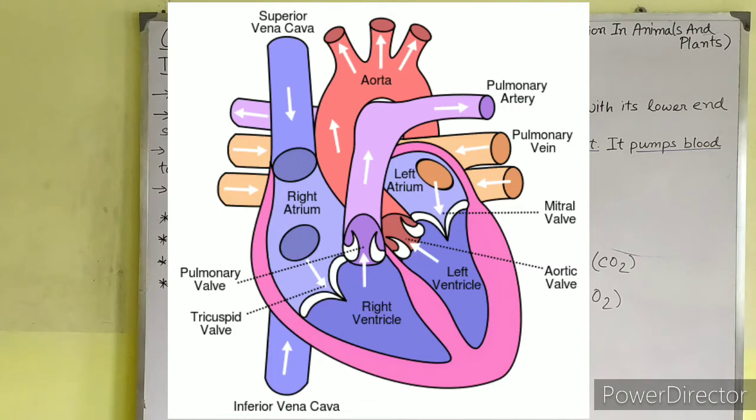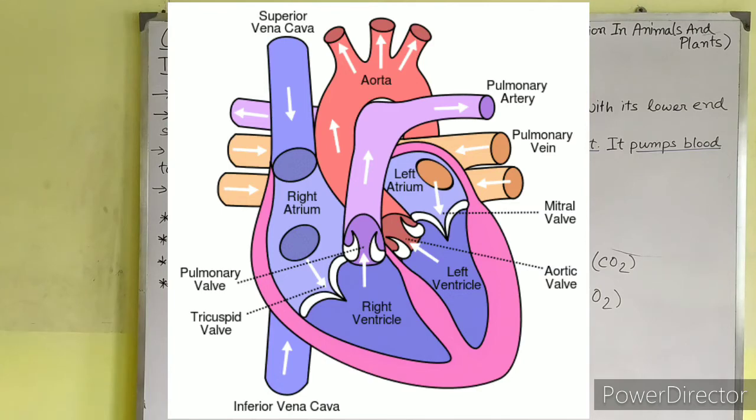Then the aorta branches into vessels which transport the oxygenated blood to all other parts of our body. You can see the arrows showing outward direction from the aorta.